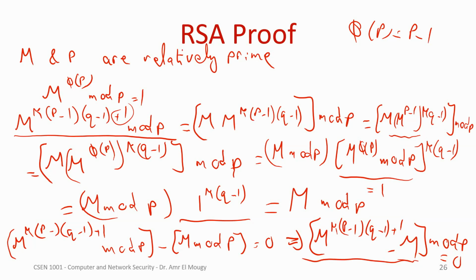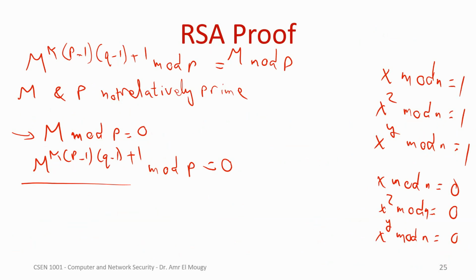Okay, we can repeat the exact same proof for Q. So just go replace mod P with mod Q and do the exact same proof. You will find that it will stand because all we assumed is that P is a prime number. So we can do the exact same proof by saying that Q is a prime number.